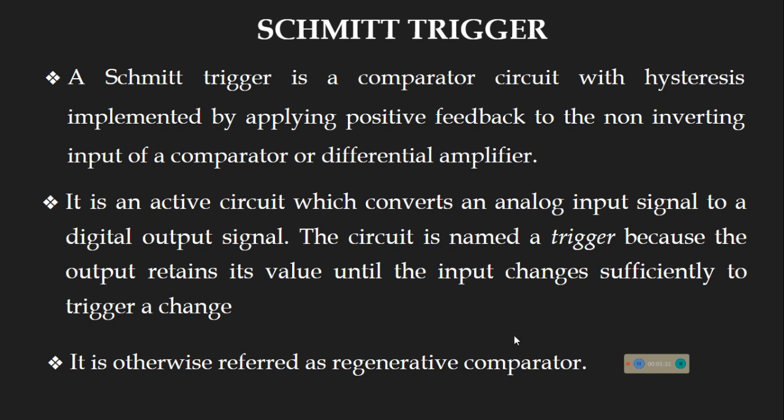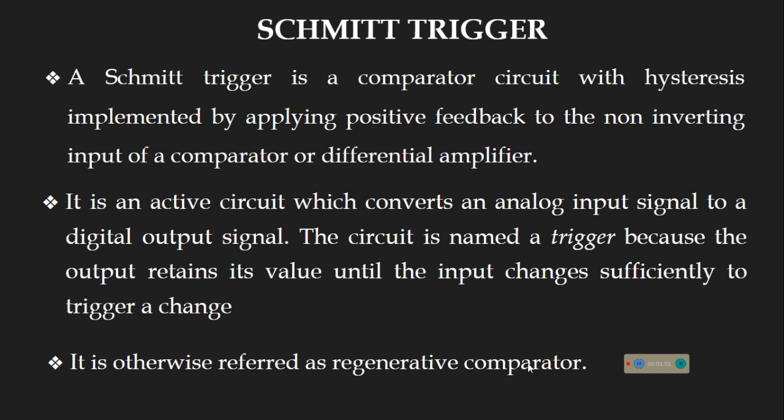Hence, this Schmitt trigger is otherwise called a regenerative comparator. Regenerative means positive feedback, since the phase shift is going to be 0 degree or 360 degree. In other words, the output and the already existing input are going to remain in phase with each other.